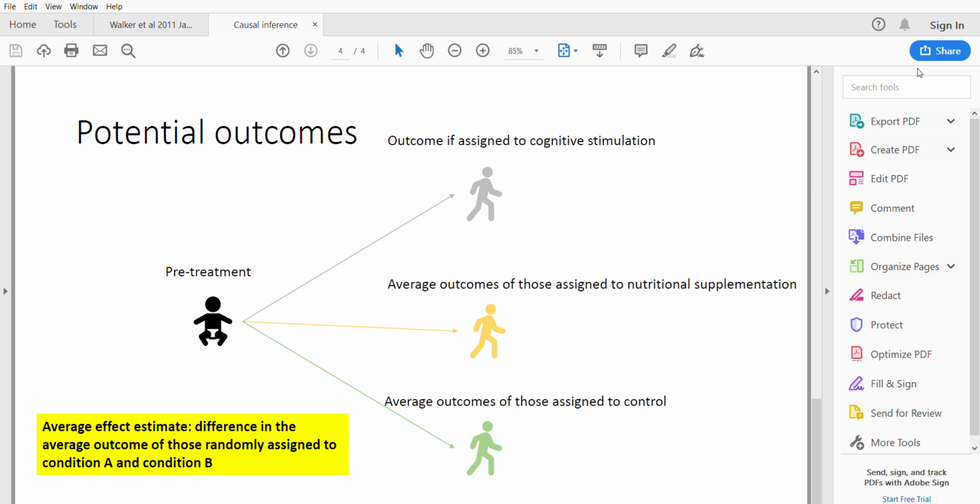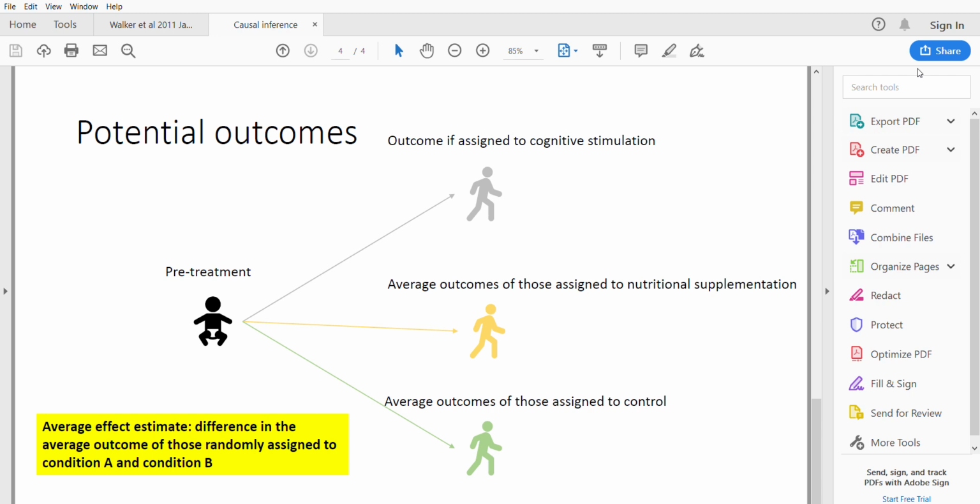We're going to talk a little bit later about some of the techniques that we use to see whether or not the differences that we observed are due to something more than just chance. Because the people who are assigned to nutritional supplementation probably do not have the exact same average potential outcomes as those who were assigned to cognitive stimulation just by chance.